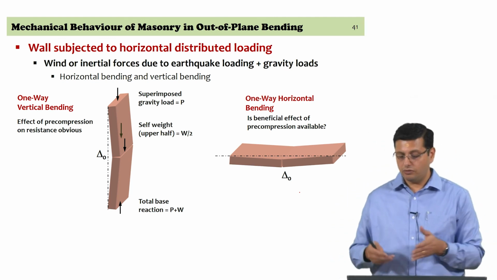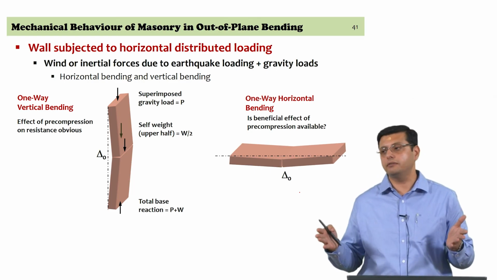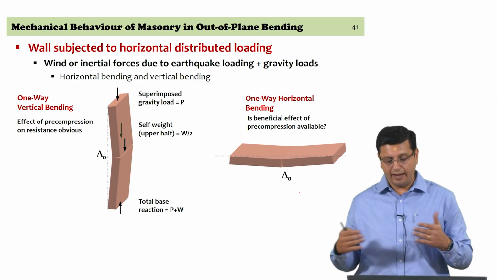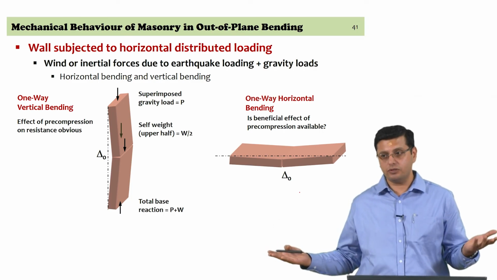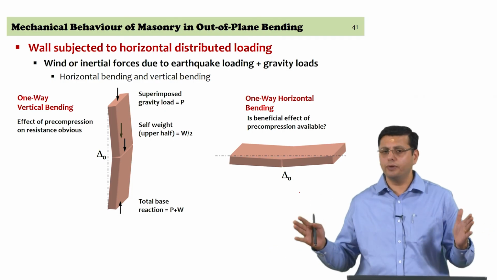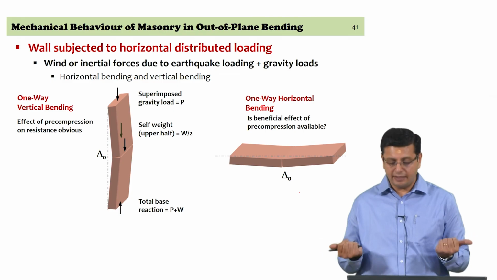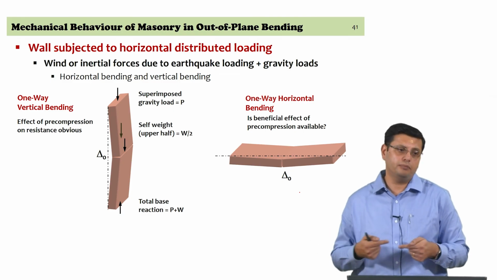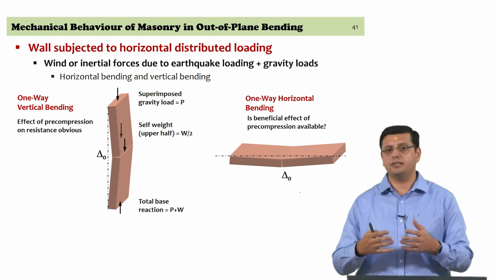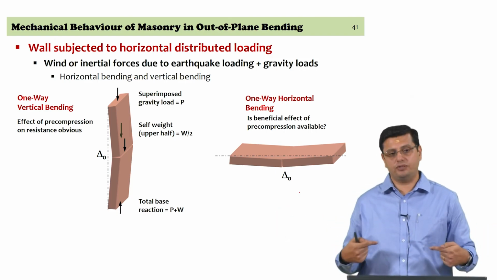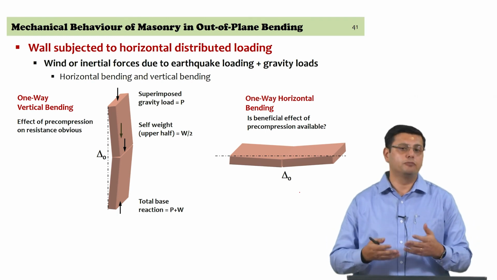Yes. So it is available if you have non-moving end supports, and if there is no gap between the wall and those supports. If you have basically non-moving supports, the end constraints can induce precompression as the wall starts deforming. As the wall starts deforming, you will get clamping forces coming in, and those clamping forces will augment the out of plane capacity of the wall.